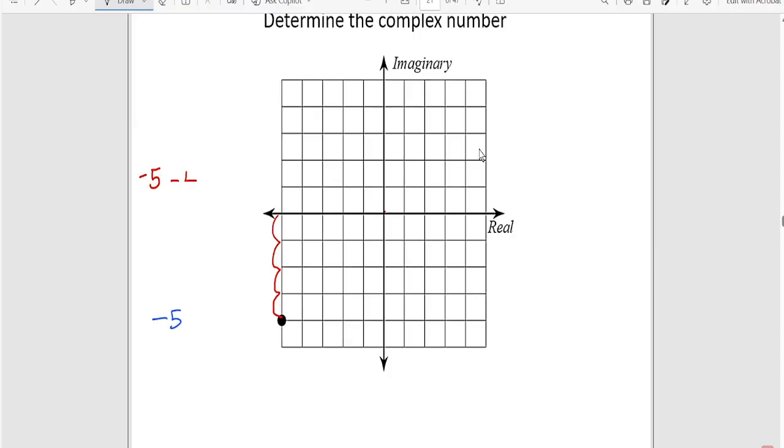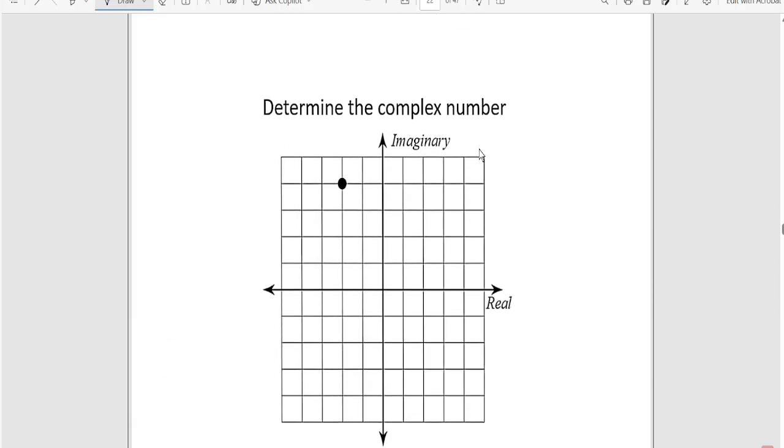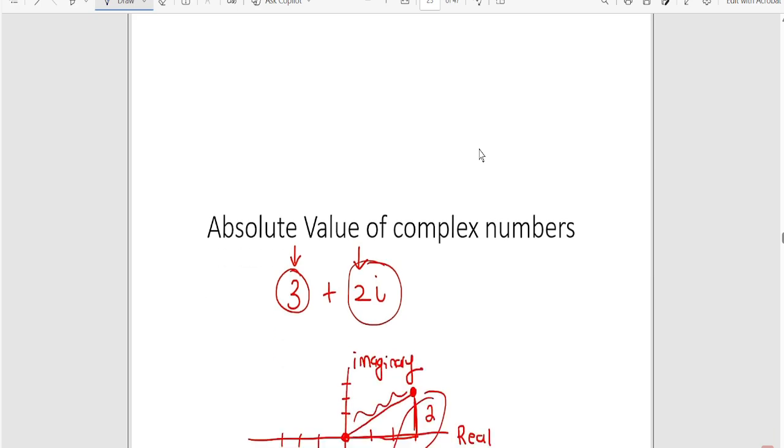So negative 5, because it's towards this direction, left, so negative 5, 1, 2, 3, 4, and negative 4i because it's downward. For this one, x is negative 2, I mean the real part is negative 2, as you can see 1, 2, and the imaginary part is 1, 2, 3, 4, plus 4i. With the imaginary part we need to put i.